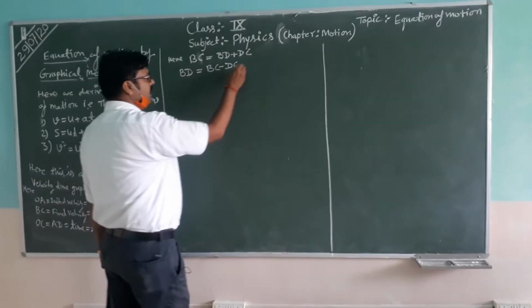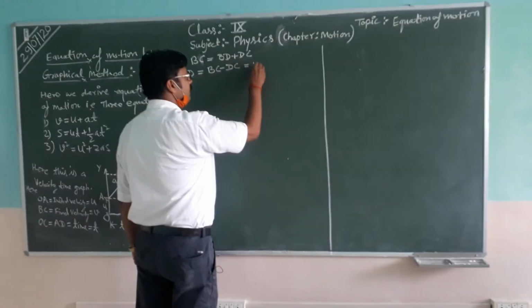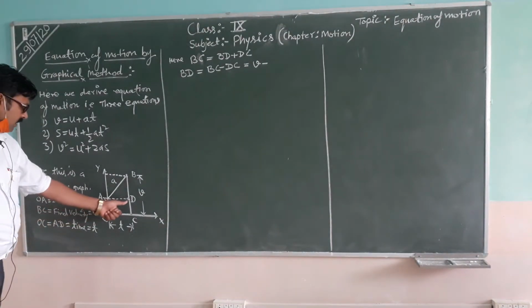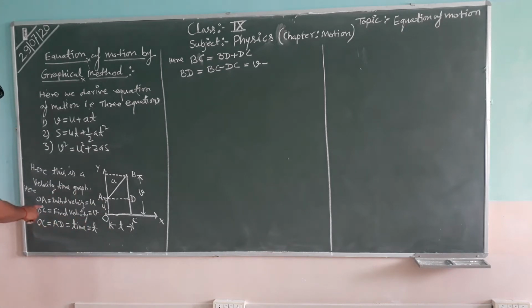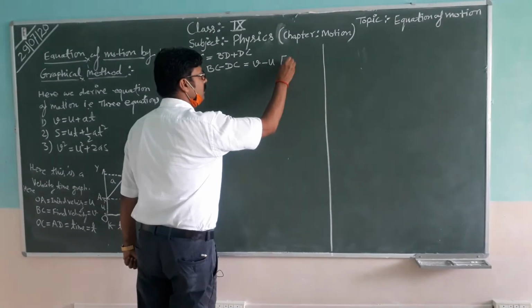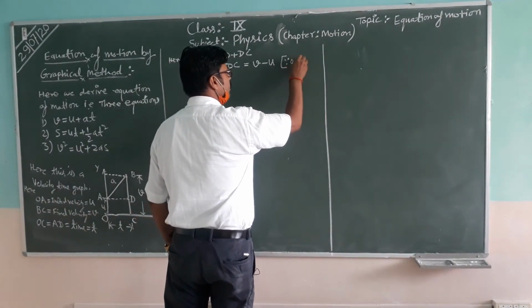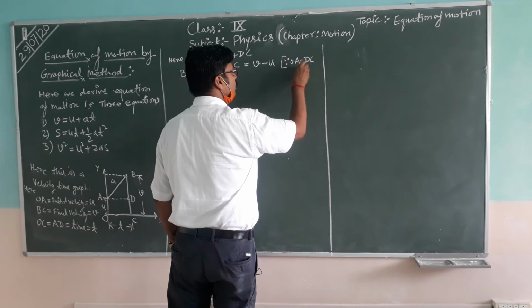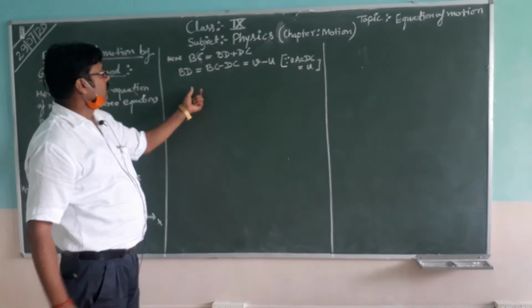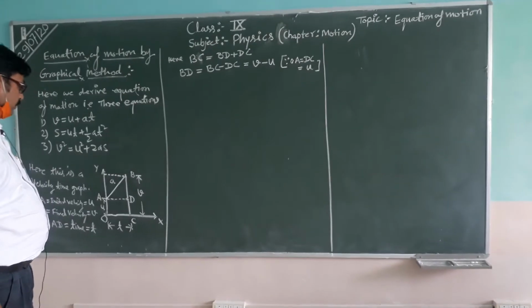Put the values: BC means v, and DC is u, because OA is u and OA equals DC equals u. So BD equals v minus u.